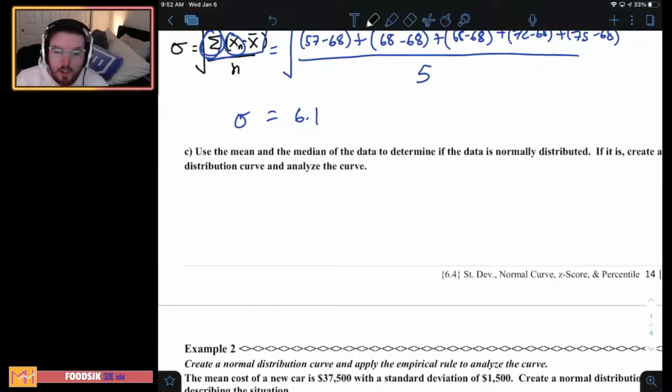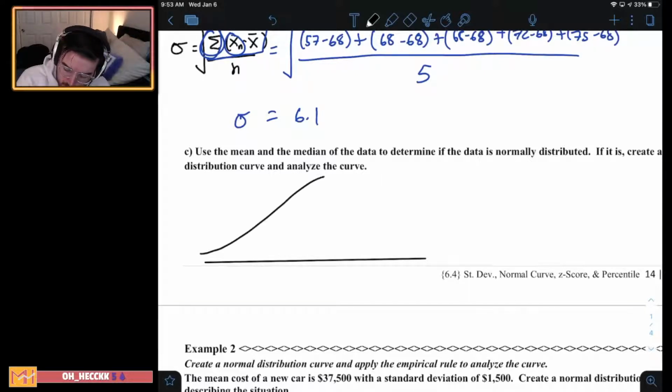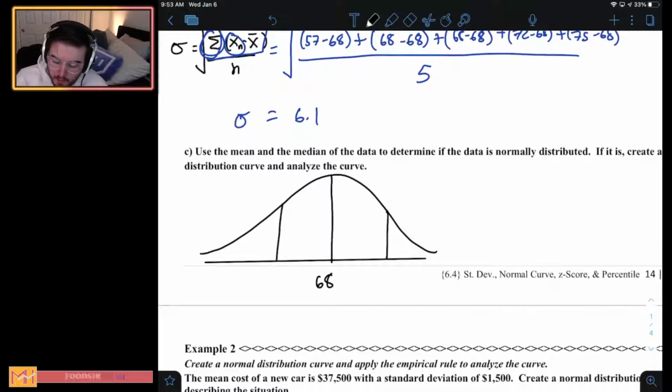So we can draw a pretty curve that represents this situation. In the middle is the average, which is 68. And we know that in a normal curve, 68% of the data is within one standard deviation.